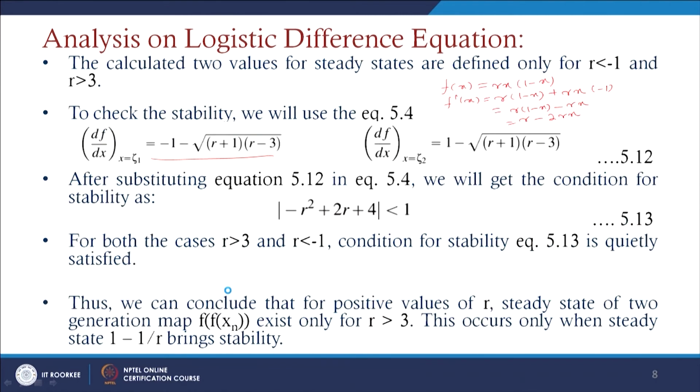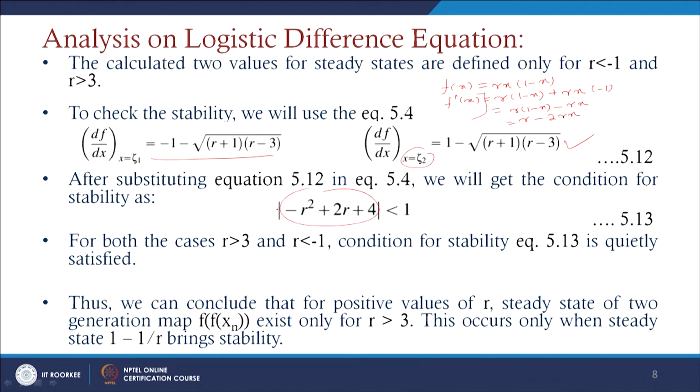And if we directly put these values in f dash x here, then we can obtain it as minus 1 minus square root of r plus 1 into r minus 3, and for x equals zeta 2 if you put, then we can obtain these values there. And after substituting equation 5.12 in 5.4, since we have written there df by dx at x equals zeta 1 and x equals zeta 2, then we can obtain this quadratic equation.